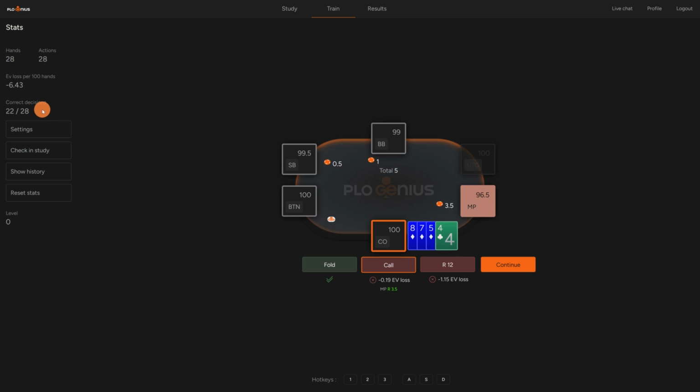All right, so we got 22 out of 28, which is not too shabby compared to when I looked at my stats before. But as you can see, if you combine Holdem Manager 3, or any other hand history like PT4, so on and so forth, or you could even just look at your poker site and grab history from there.